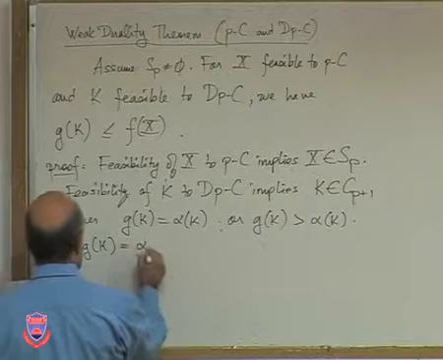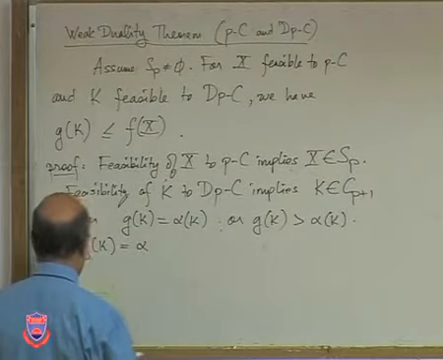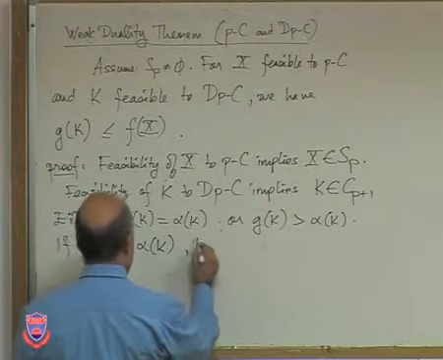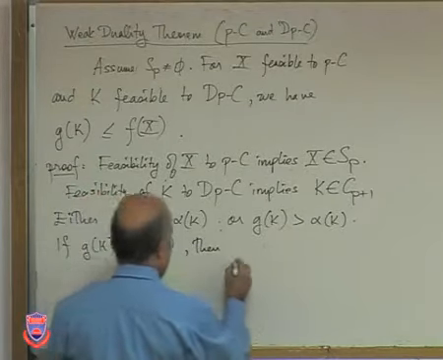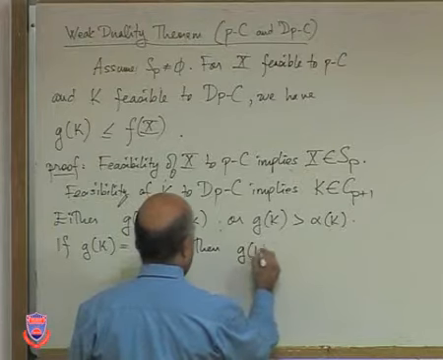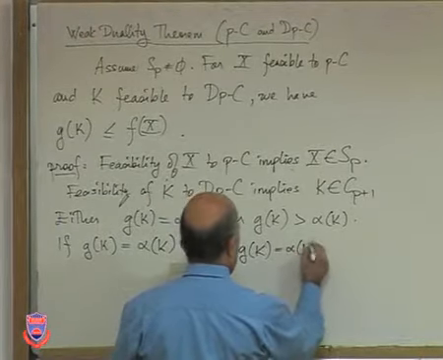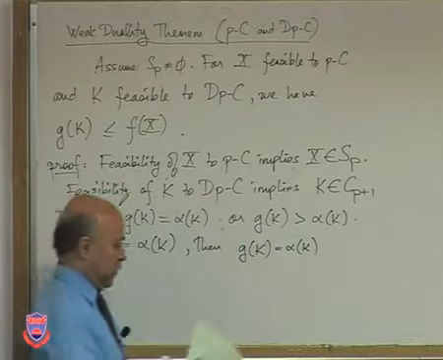If G of K equals alpha K, then G of K is, well, by assumption it's equal to alpha K.